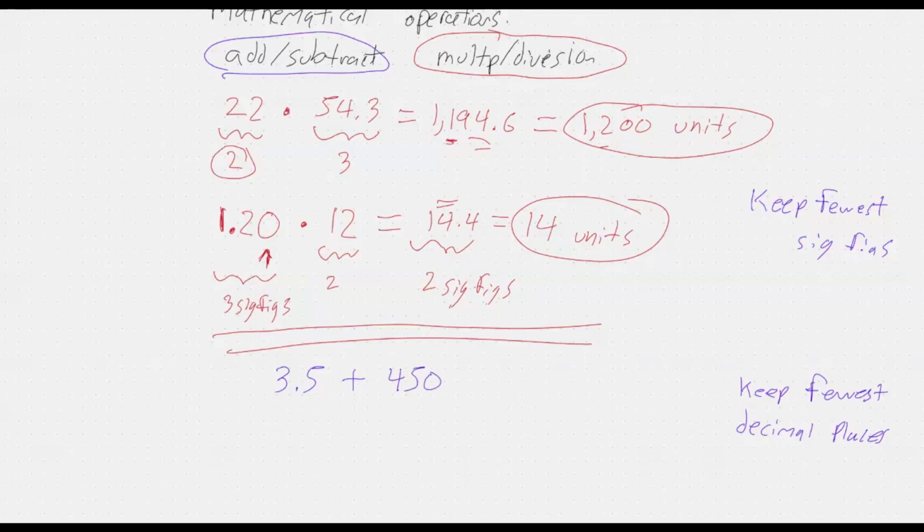So I'm going to report my answer to 0 decimal places. In which case my answer, well, the long form answer would be 453.5. Well, this one I'm not going to include because my significant figure will be in the ones place. So I would report that as 454.